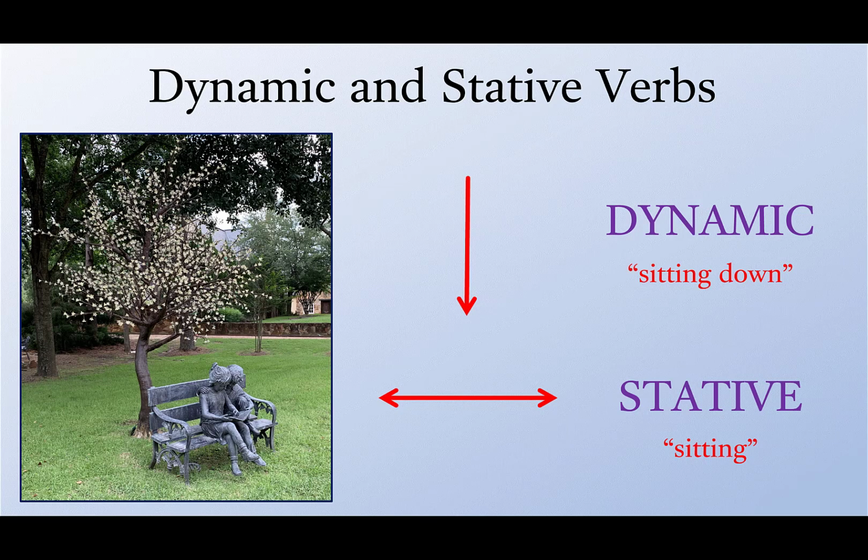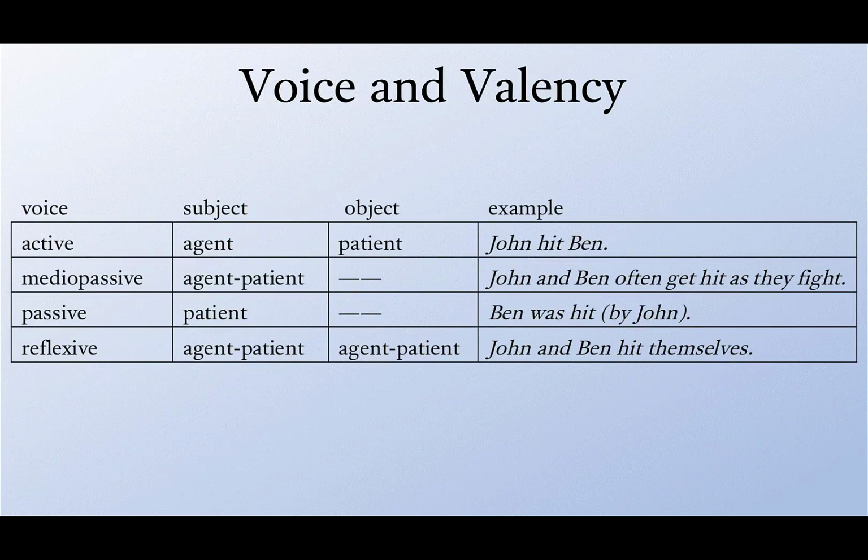So in sitting figures, I was using sitting in an adjectival sense of explaining which figures they were. So statives seem conceptually to have a lot to do with an adjective sort of idea. So we need to know about these two kinds of verbs because there are differences in verb meaning based on whether they're dynamic or stative in Biblical Aramaic. Okay, next, let's discuss voice and valency.